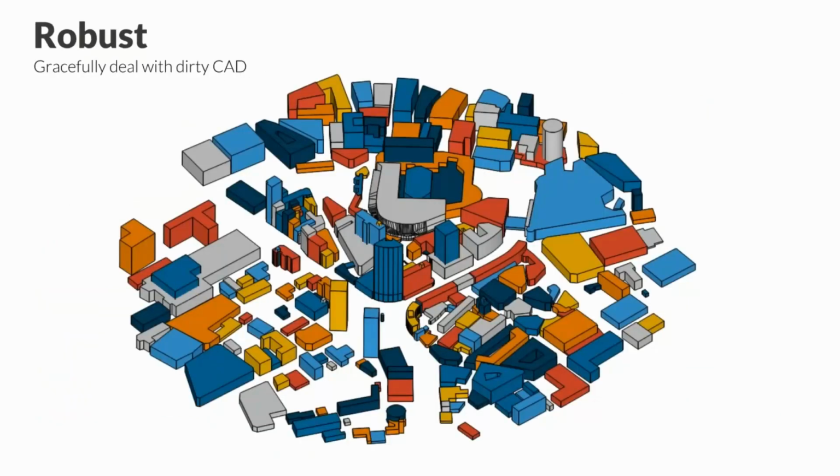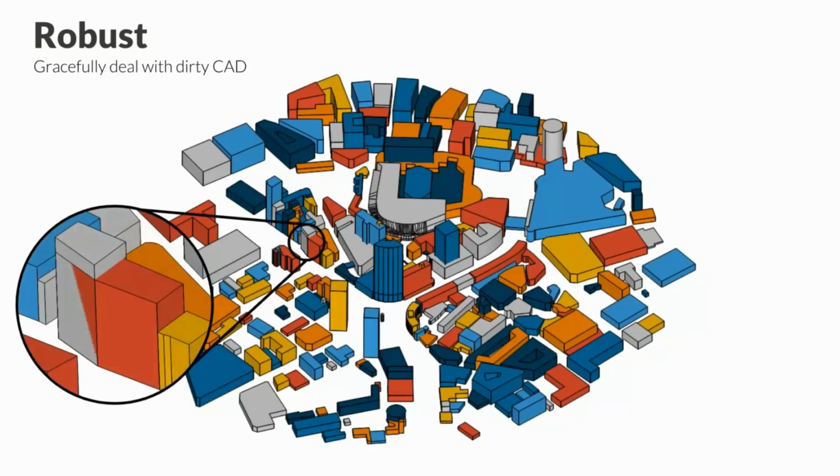So much for speed. Now let's talk about robustness. We said the third interesting property of that solver is robustness. What do we mean by it? This is an example geometry of a city plan. Let's take a closer look, right? There's all sorts of nasty stuff in here. Here we can see two solids that are significantly overlapping.